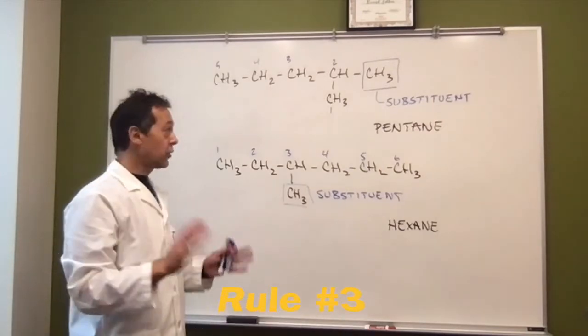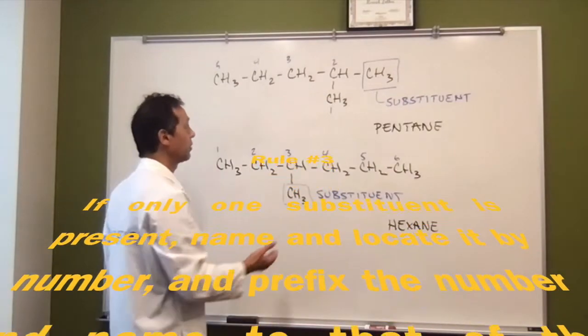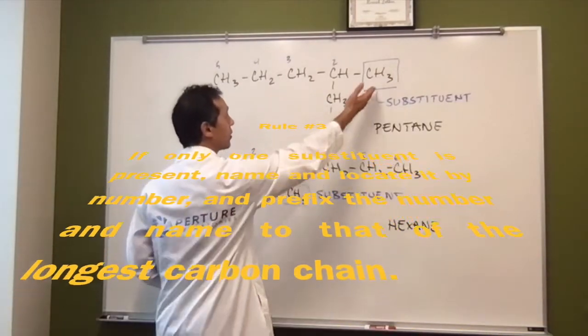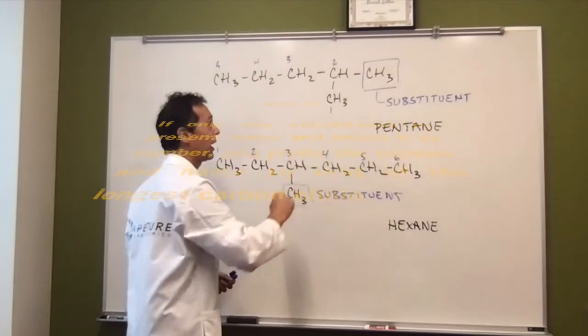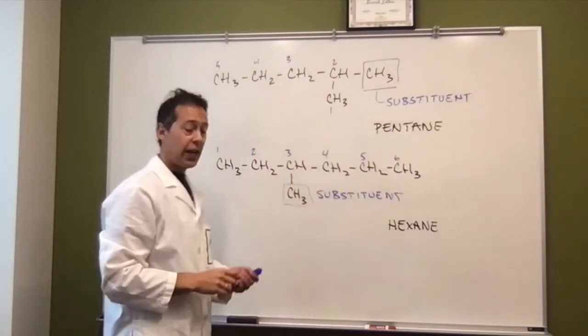Okay, now my next rule is I want to name the substituent. In this case here, our substituent is a single carbon atom. This is a methyl group, and we want to show which carbon atom it is attached to.